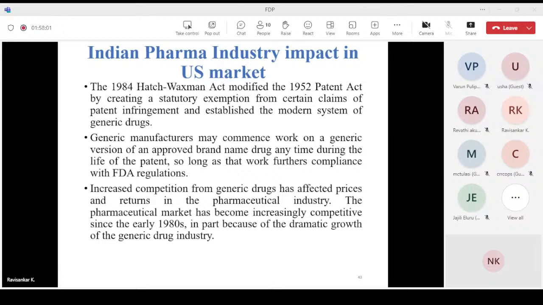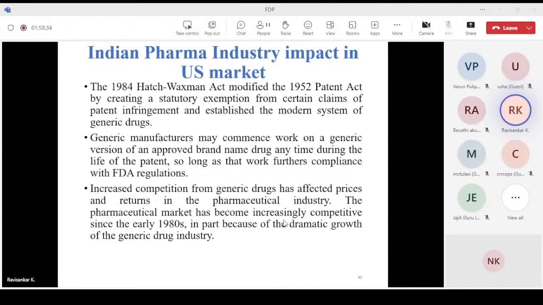According to this, as I said earlier, we have the Bolar exception, which says you can develop the product before the patent has expired. For example, when a patent is going to expire in January 2025, there is around 1 year left. If you want to develop a product even though the patent is there, we can file a dossier with the US FDA, and they will provide an approval for that dossier.